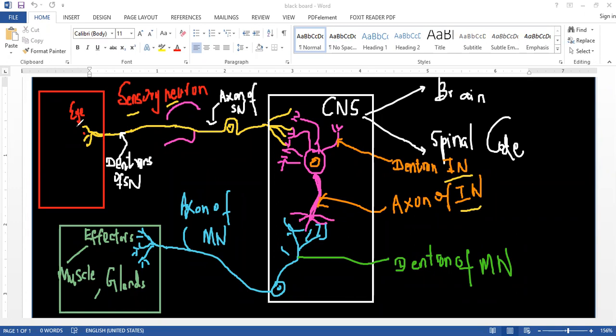The picture falls on the retina in your eye, then the sensory neuron accepts it and passes the message through the central nervous system. It could be brain or spinal cord, don't worry about that. Then the message is accepted from this axon by this interneuron. Then the interneuron passes that message to this motor neuron and it could go to glands and effectors.